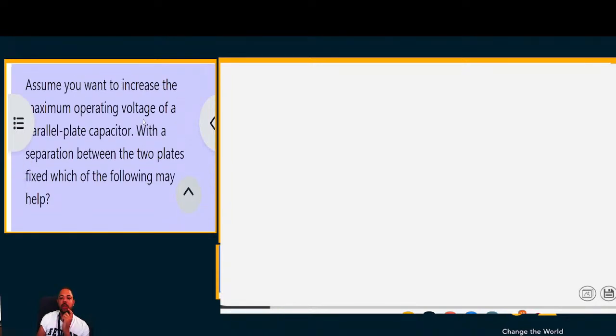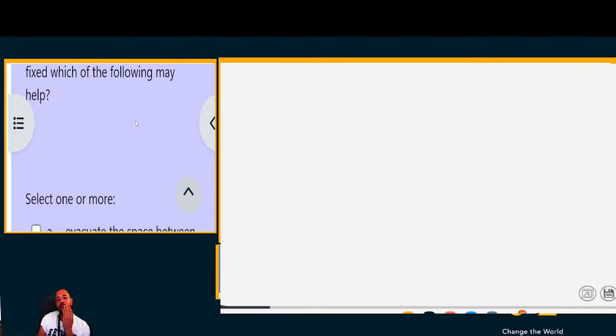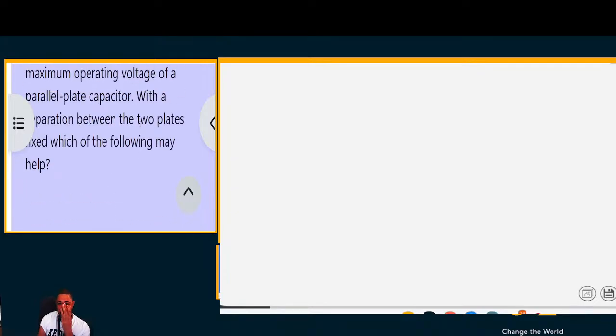18. Assume you want to increase the maximum operating voltage of a parallel plate capacitor. This is just your knowledge. With the separation between the two plates fixed, which of the following may help if you want to increase the maximum operating voltage?